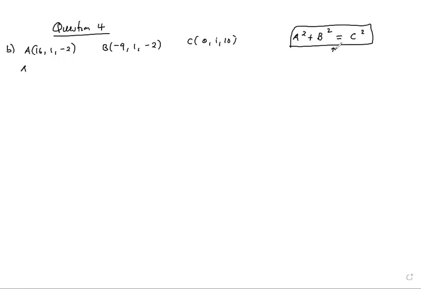So what is vector AB? Vector AB is -9 minus 16, 1 minus 1, -2 minus 2, which is equal to -25, 0, and 0 again.